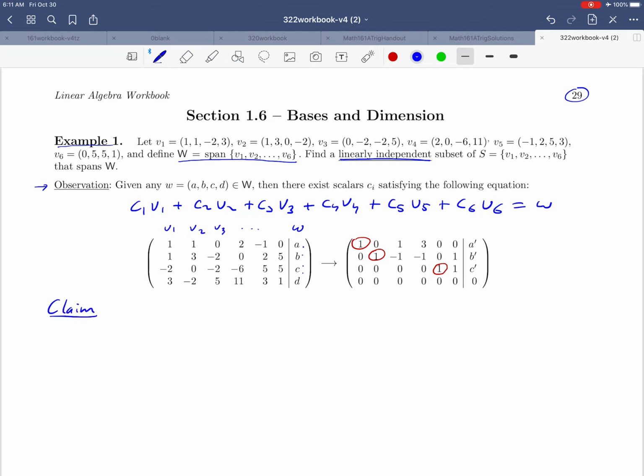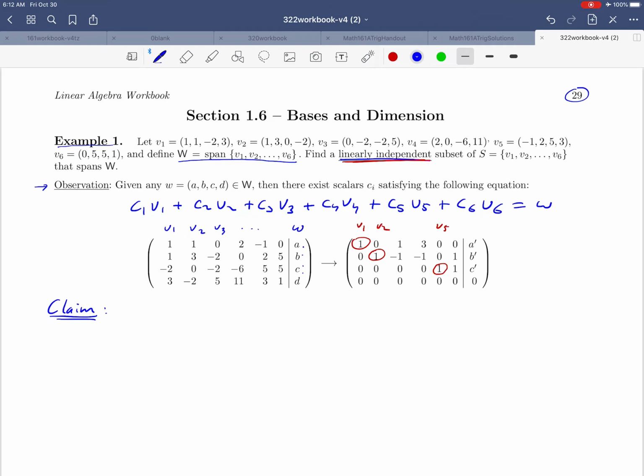Remember back to the original problem, we're trying to find a linearly independent subset of the 6 vectors that we started with that still spans W. I claim that we can do that by just looking at the pivot columns. So taking the vectors that correspond to our pivot columns, that would mean taking v1, v2, and then v5.